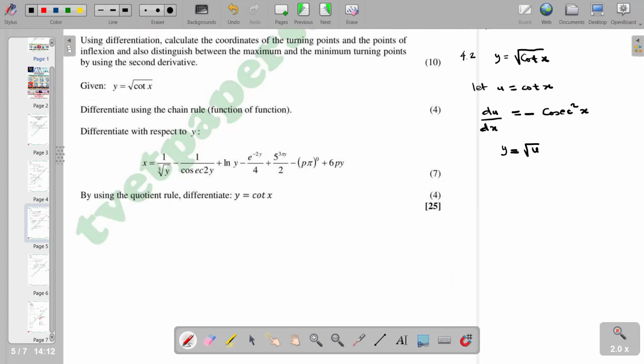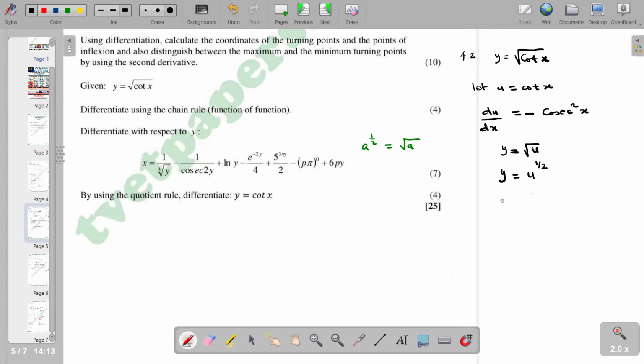So this y can be written as u to the power half, which is u to the power 1 over 2. We are applying the laws of indices, the rule which says the square root of a is equal to a to the power half.